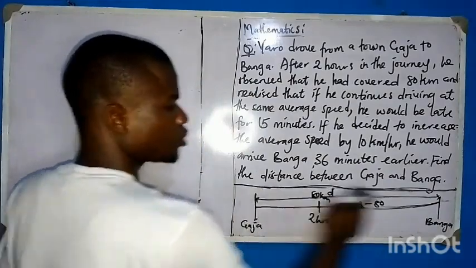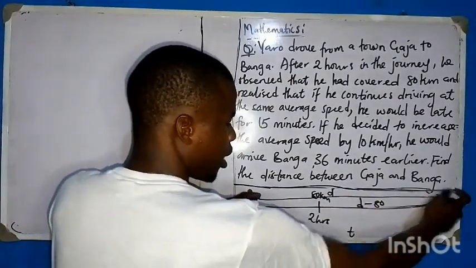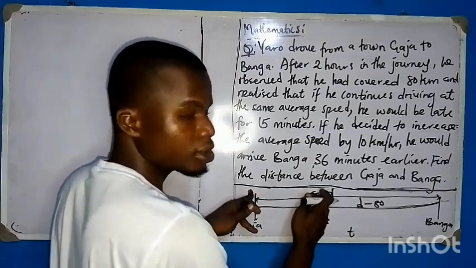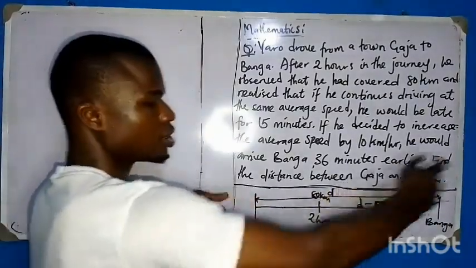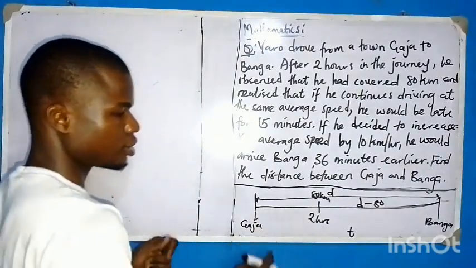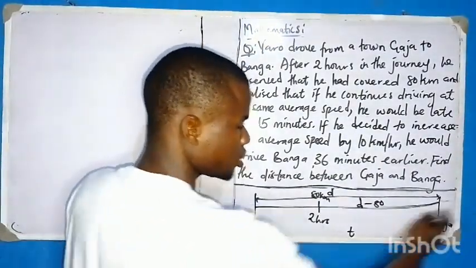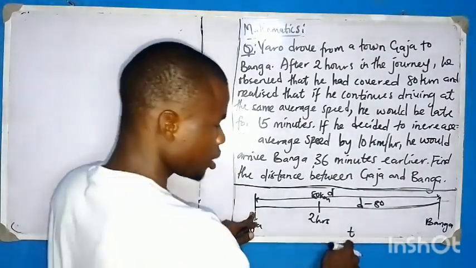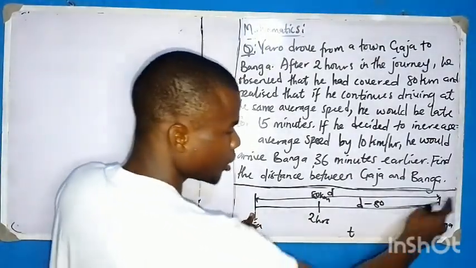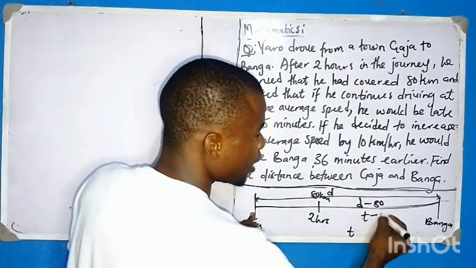From here to here is D, and from here to here is 80. So the remaining distance is the total distance D minus 80. The total time needed is T, and the time used so far is 2, so the remaining time is T minus 2.